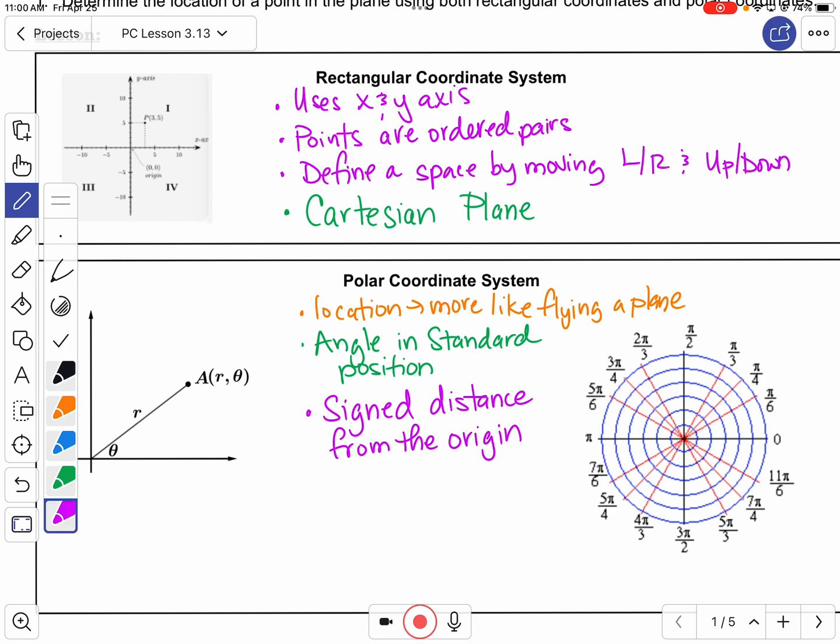Finding our location is more like flying an airplane. We go to our angle, wherever it's at, and then we go our signed distance from the origin, positive or negative, and that's going to be a little weird. We kind of think about positive and negative as forward and backwards. So for that signed distance, positive would be forward, negative would be back.